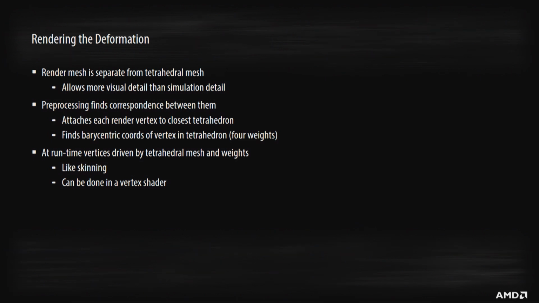And the simulation mesh then acts as a control mesh for deforming the render mesh. And to make that work, you have to find correspondence between the vertices of the render mesh and the simulation mesh tetrahedra. So each render vertex is assigned to some tetrahedra, and it gets weights. And then the weights are used sort of like skinning. It can be done in a vertex shader, basically.